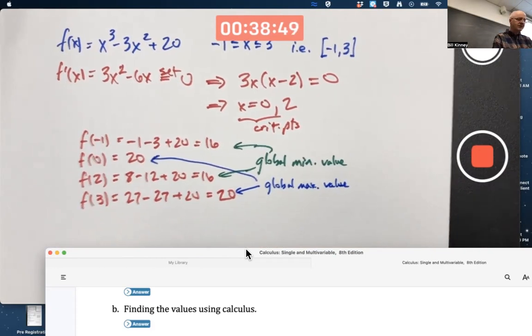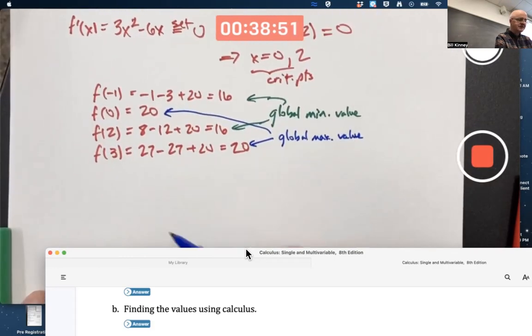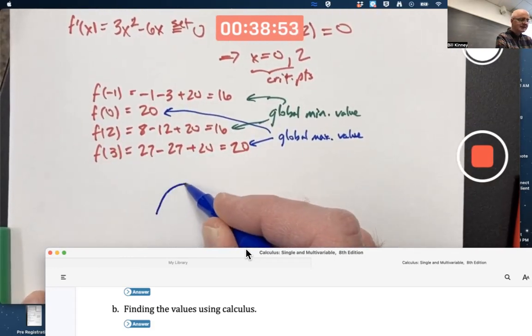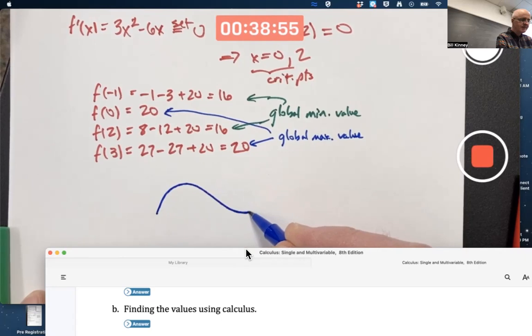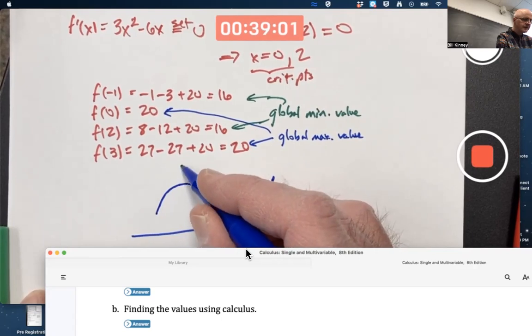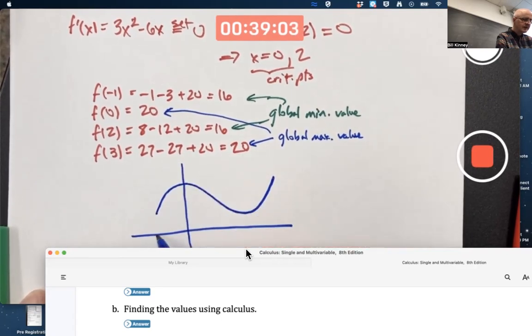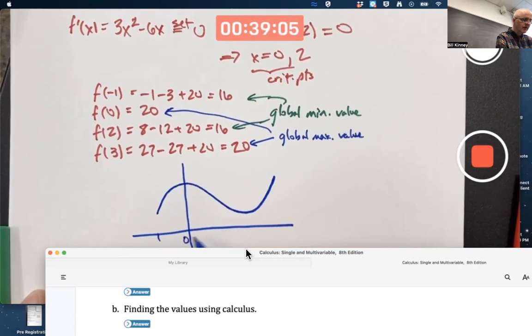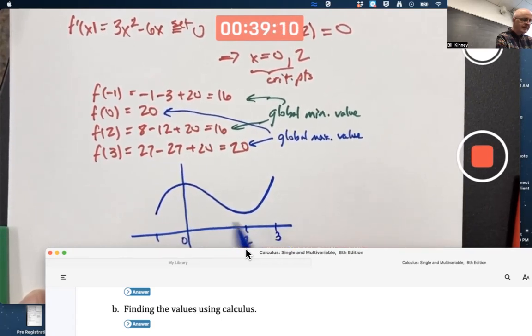Graphically, evidently, what's happening here on this interval is the graph is kind of symmetric looking. It must look like this, basically. Here's -1, here's 0, here is +2, and here is +3.